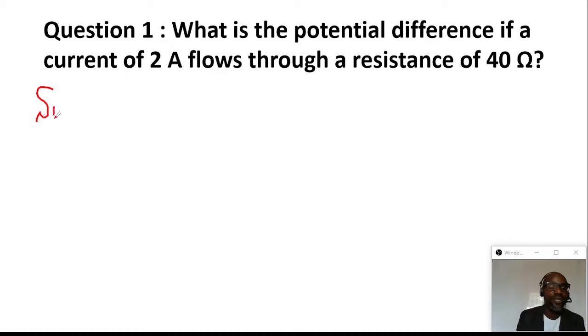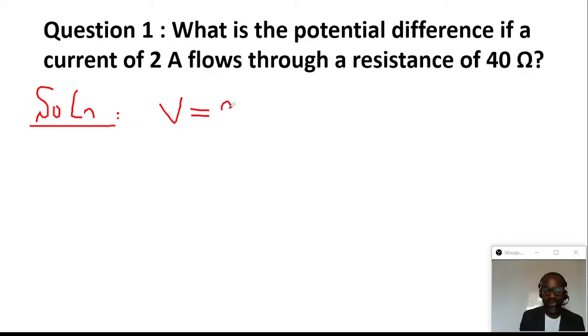Our solution once again is given as SOLN. I use this to represent solution. Now quickly, the question is, what is the potential difference? Let's pick it out. V, we want to find V, potential difference, is unknown.